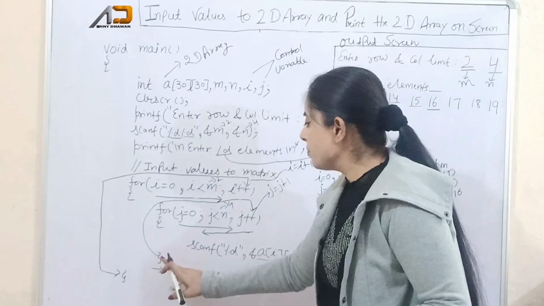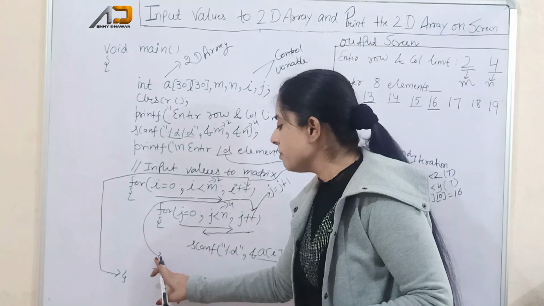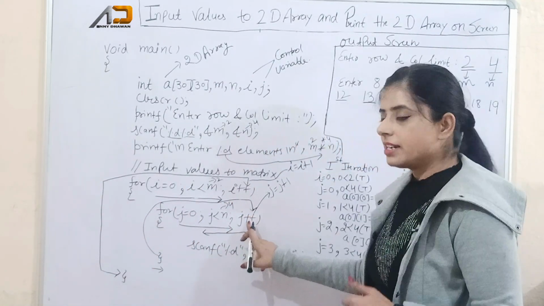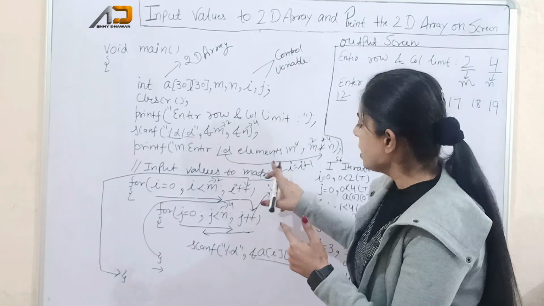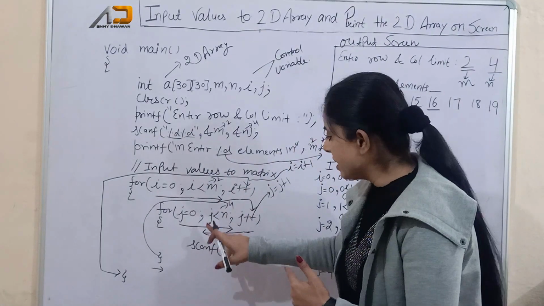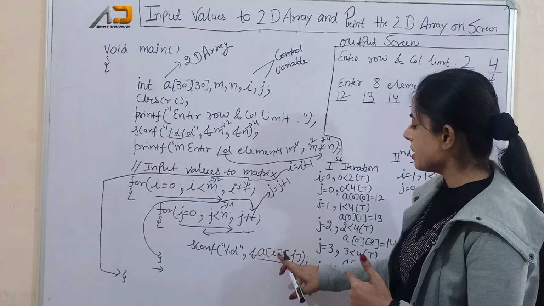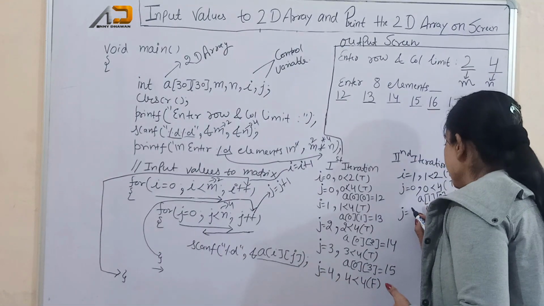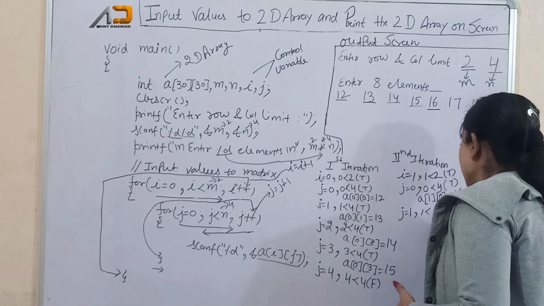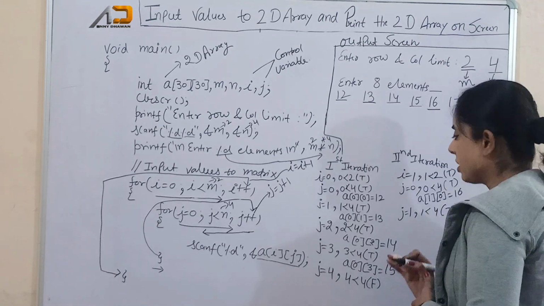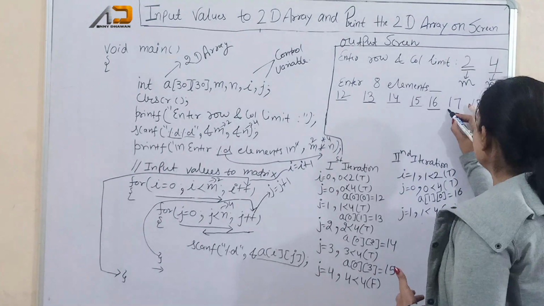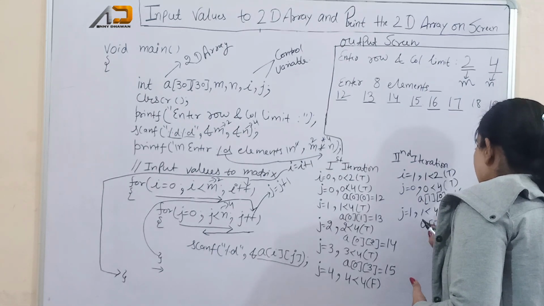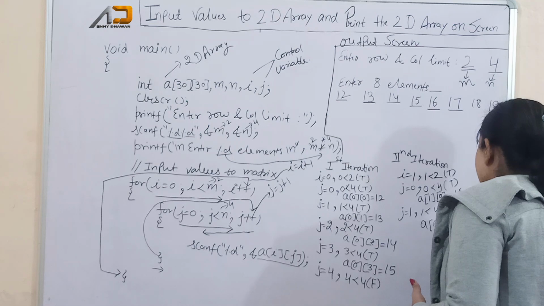So from this point the control again moves to this jump part, and the j value will be incremented by 1. Again the condition will be checked, and next value will be assigned to this a of ij variable. It will become true, and the next value 17 will be assigned to the variable a of 1, 1.